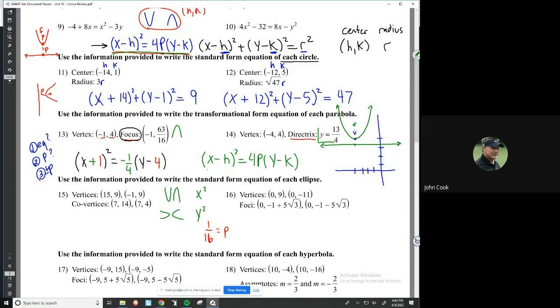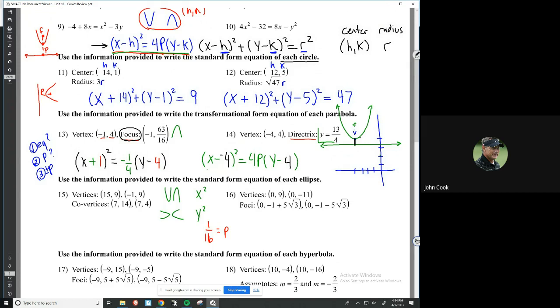And we've already got some stuff to plug in there, right? We already know the vertex for this one. So h is -4, and k is +4. And now we can find that p-value. The p-value is, again, just how far away those two points are.